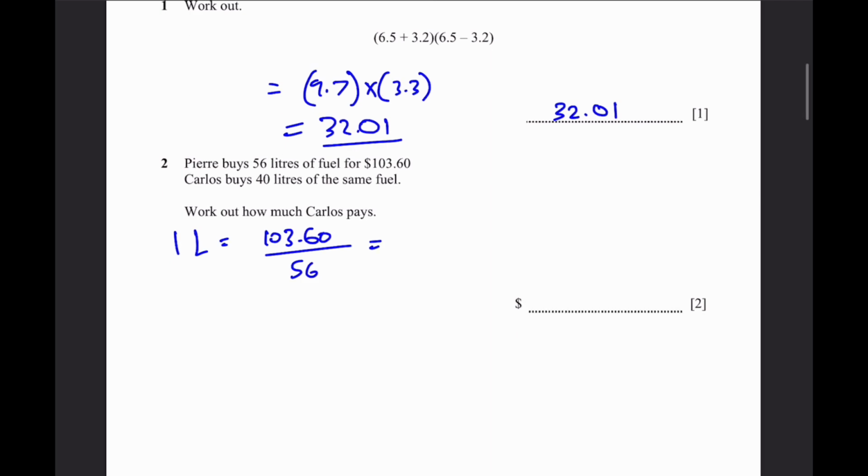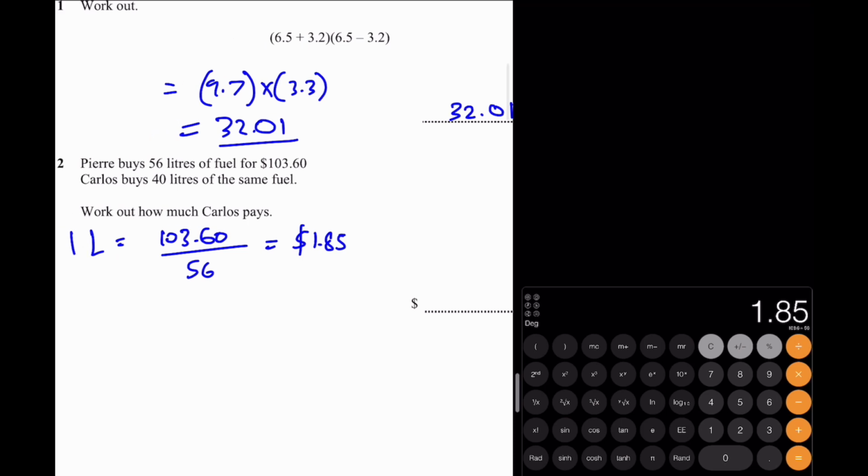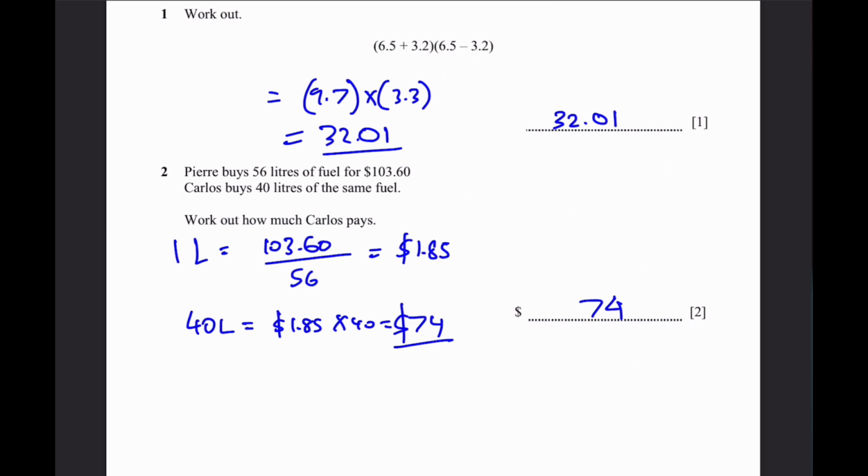Let's get our calculator. 103.6 divided by 56, we get $1.85. So now 40 liters will be, we just multiply by 40 and we get the answer as $74. That's the answer.